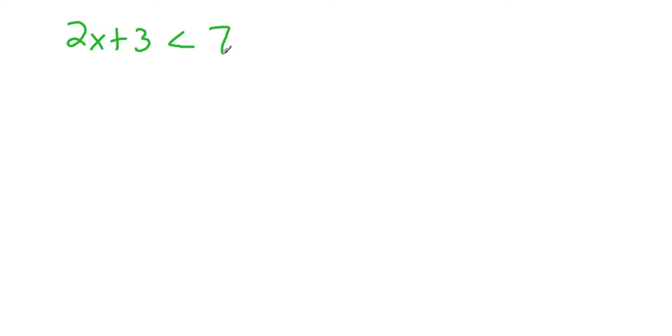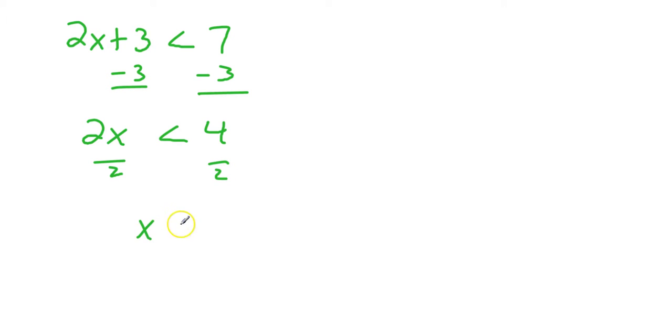Solving it, just subtract 3 from both sides. So we've got 2x is less than 4. Divide both sides by 2. You get x less than 2.